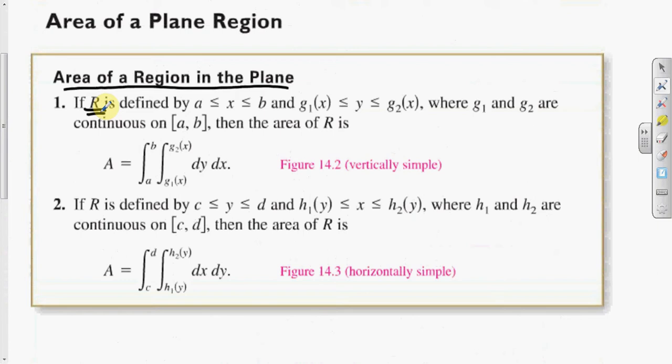And so then the area of R is defined with respect to its region, the double integral from first the integral from a to b, and then the second integral from g sub 1 to g sub 2. This dy dx is precise. dy dx is said to be vertically simple. Watch this. If it's dx dy, horizontally simple.